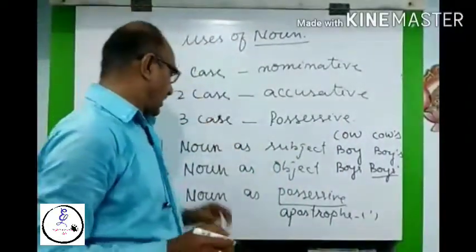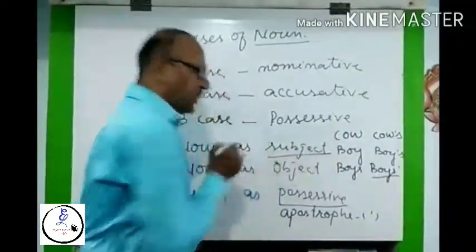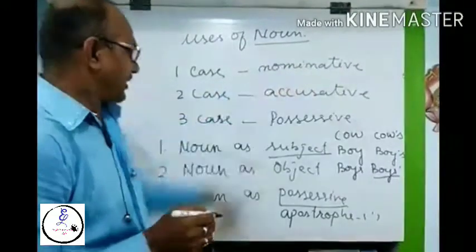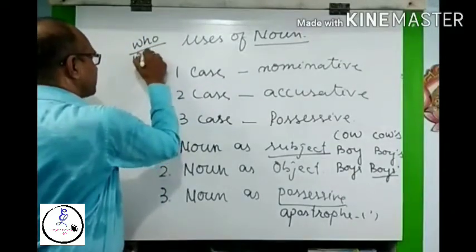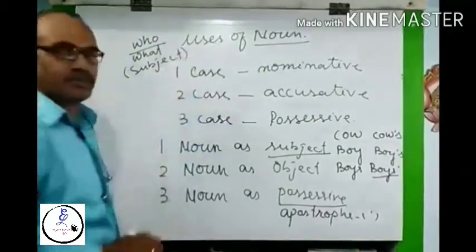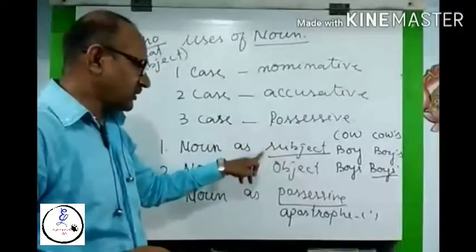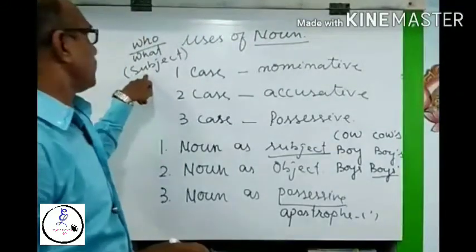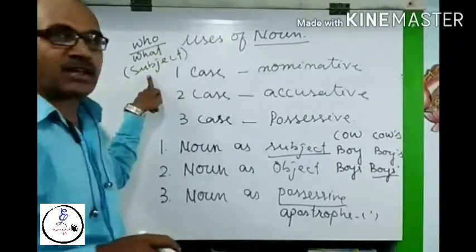Another, the noun as a subject and noun as an object. If a noun is used as a subject in the sentence, then when you ask with who or what, you will get the subject. As the form of the noun is the same in case of subject or object, to understand the subject in the sentence we have to ask a question with who, and the answer is the subject.